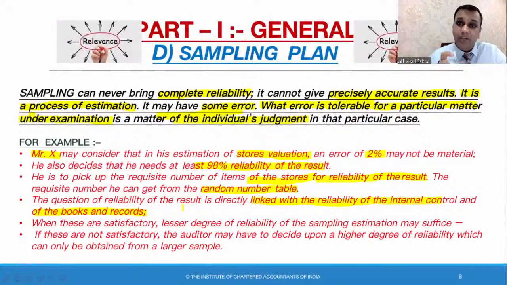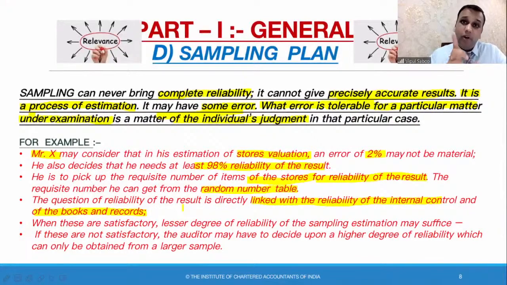We had checked whether we are relying upon the internal controls or not. After testing the internal controls, and definitely the books and records, whether they are adequate and reliable or not. So if the internal controls are reliable, the books and records are adequate and reliable, I won't choose many of the items.